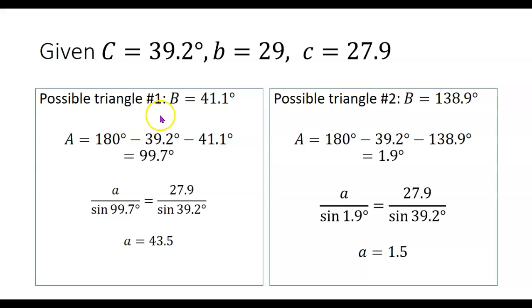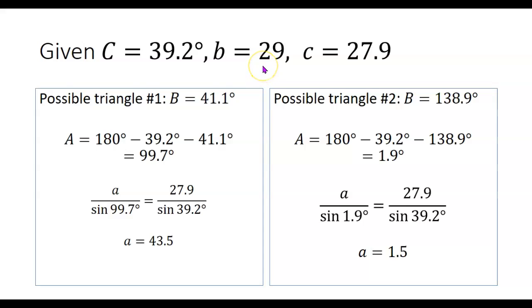Possible triangle number 1 is where B is 41.1 degrees. Then once we have two angles, we work out the third by subtracting from 180 degrees. Angle A would be 99.7 degrees. And then we can use the law of sines, little a over the sine of angle A equals.